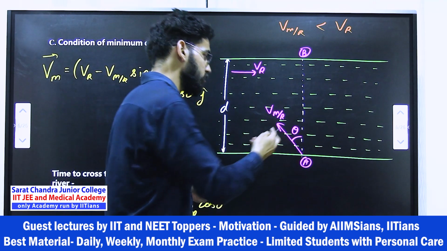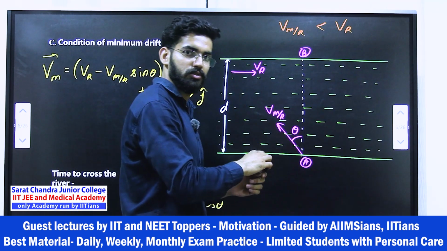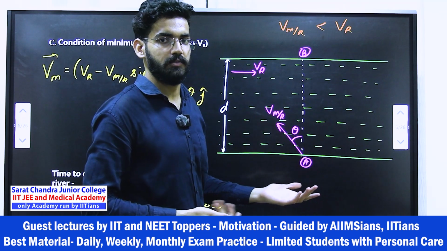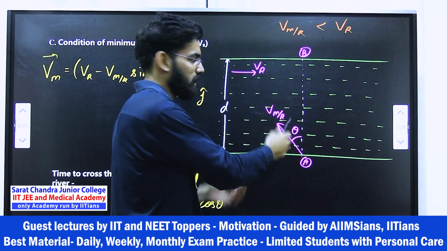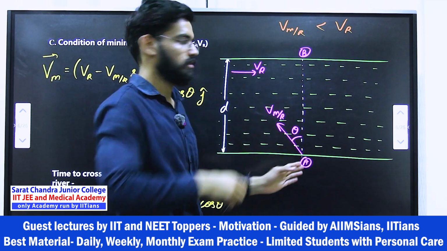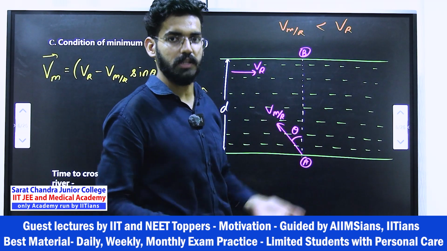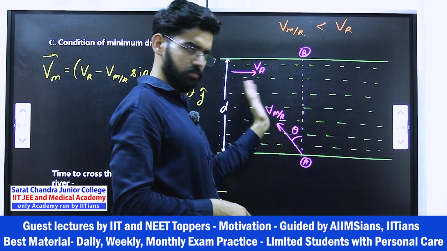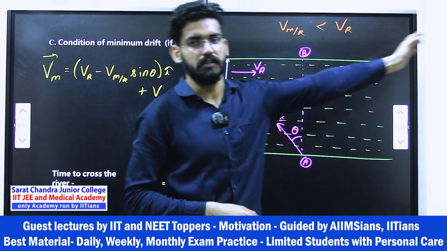What angle should I go with so that I can get minimum drift? Obviously I will get a drift, because some component I will give this side to balance, and with some component I will go up. You have to cross the river also, so you want a component this side too, but you want to eliminate this factor so that you don't get that high a drift.